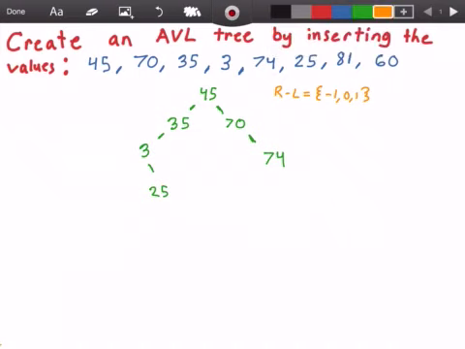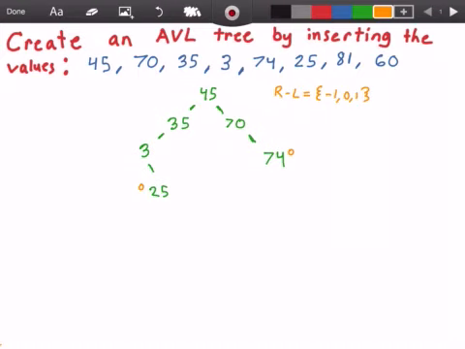25 has a balance factor of 0. 74 has a balance factor of 0. 3 has a balance factor of 1 minus 0 because its left subtree doesn't contain any values, and it contains a right subtree.